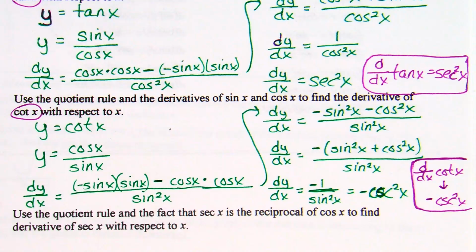So, what did we just learn here? The derivative of cotangent x is negative cosecant squared x. And if you don't believe me, check the list on the back.